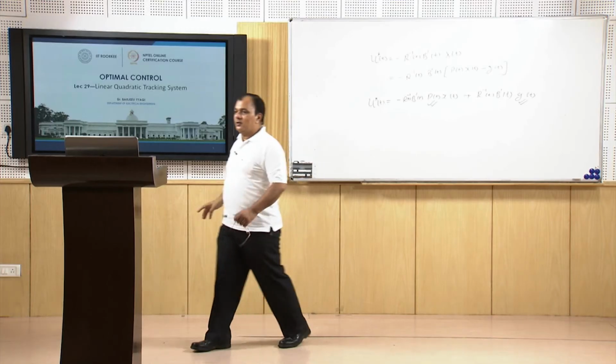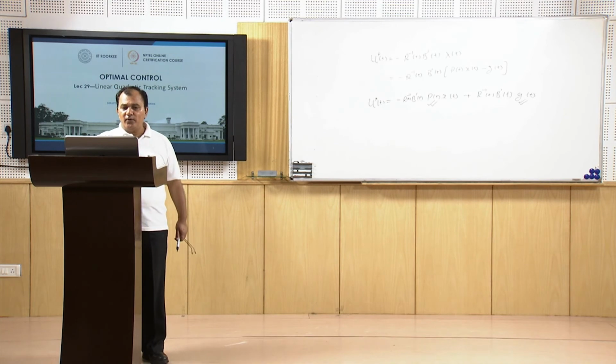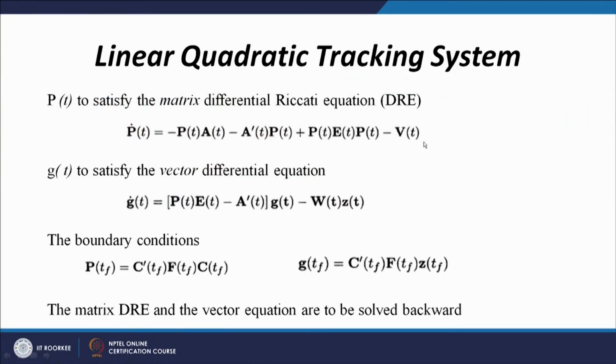This P and G we are calculating by solving the matrix differential Riccati equation with terminal condition as P T f equal to C prime T f, F of T f, C of T f, and G we are finding from the solution of the G dot t with terminal condition as C prime T f, F of T f, Z of T f. So, these non-linear differential equations can be solved using any numerical techniques.